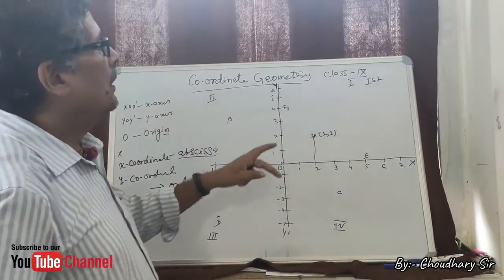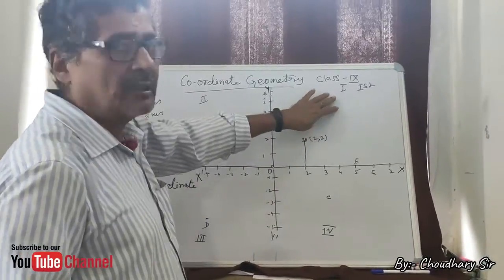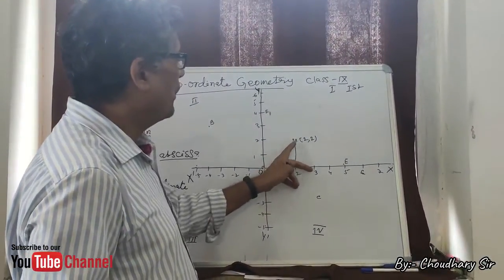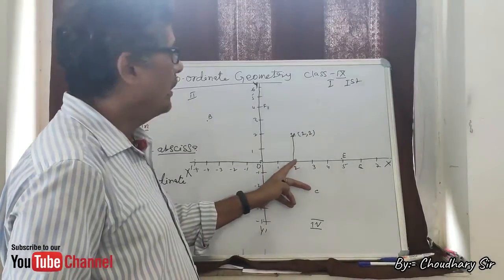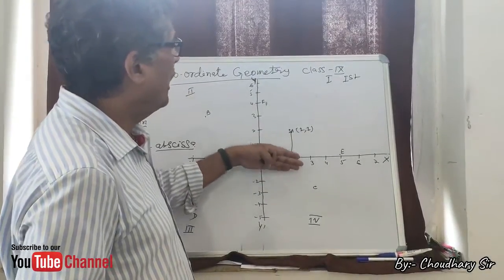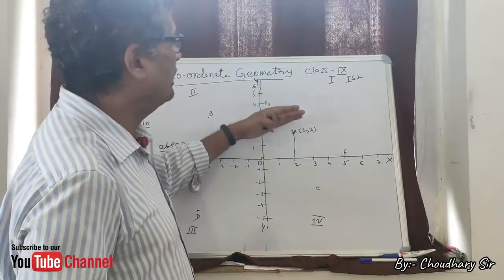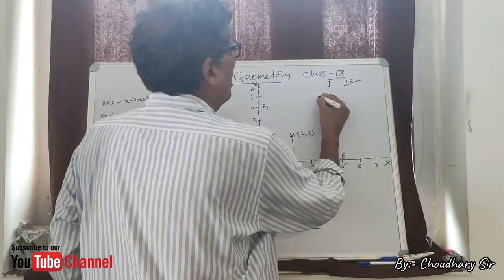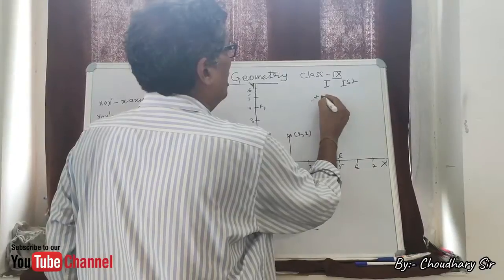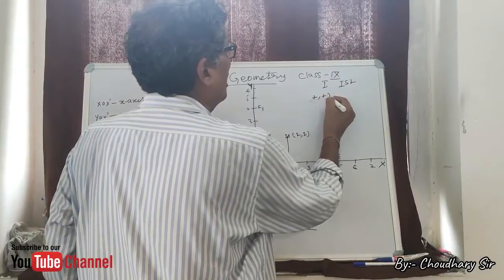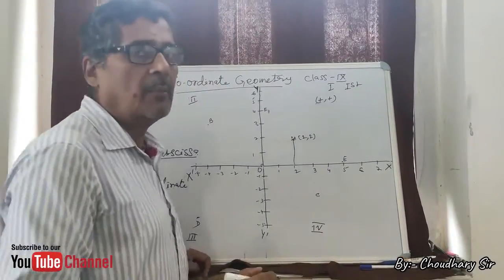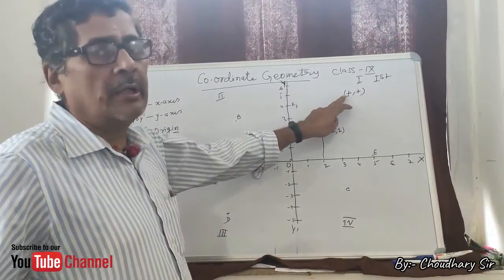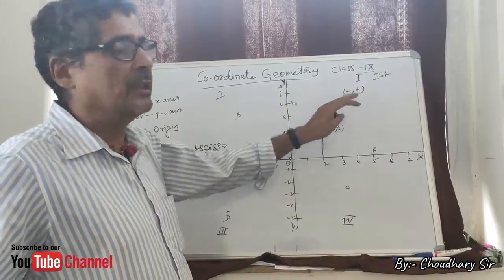Now, any point in the first quadrant: distance along the x-axis is positive and above the x-axis along the y-axis is positive. So in the first quadrant, the signs of the x-coordinate and y-coordinate are both positive.